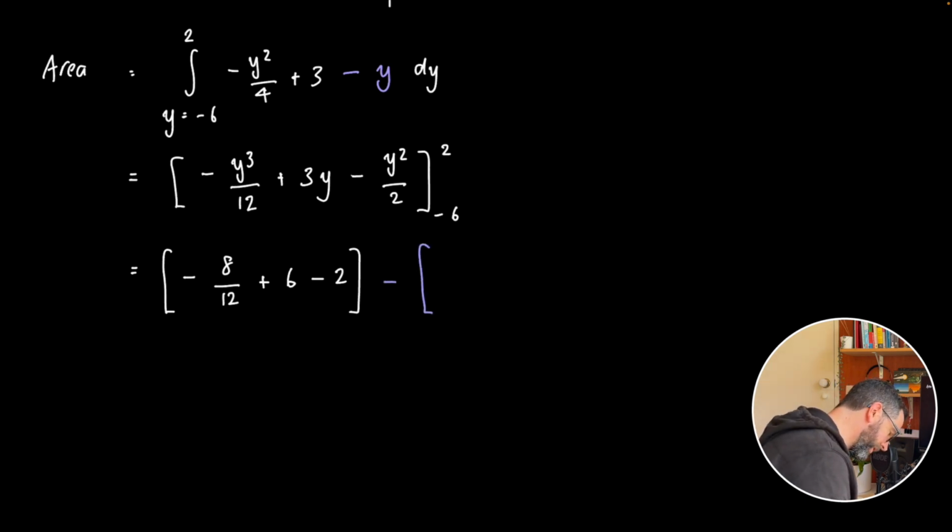Minus -6 cubed sounds like 6 6 is a 36, 36 6 is a 216, so it's going to be -216. Just be really careful with our signs. Divided by 12. Let's see, plus 3 times -6 is -18. And then we'll go minus -6 squared is 36, divided by 2 is minus another 18.